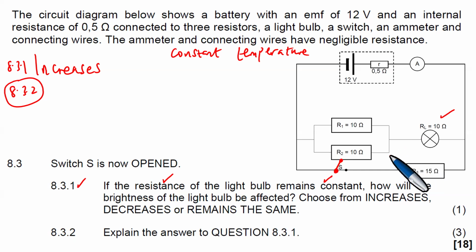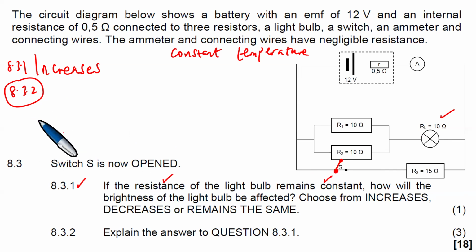So the examiner has to say the resistance remains constant. If the resistance remains constant, then we can do everything else and use notions of Ohm's law. At this point, the current is going to pass through that. It's not going to branch through the R3. So that is something very important here.